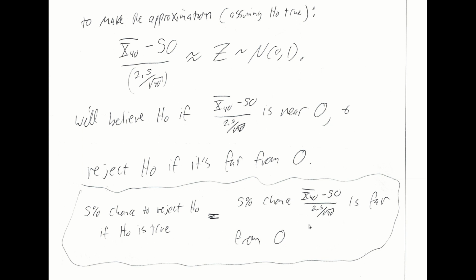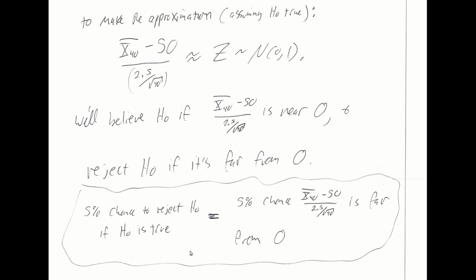If the null hypothesis is true, then this is approximately z. And so we're saying that there should be a 5% chance that this ends up being, quote unquote, far away from 0. And it's this 5% chance that's going to determine what far away from 0 actually means.